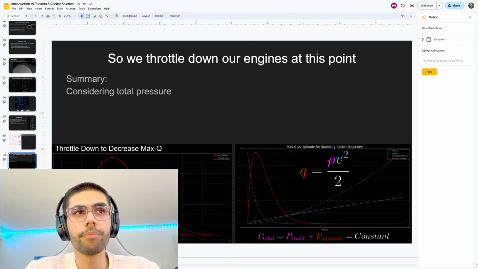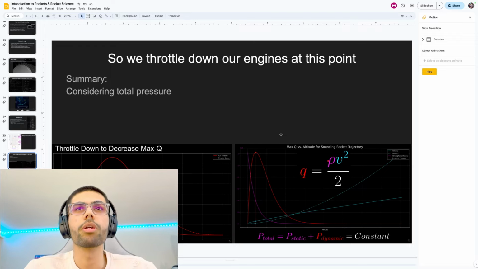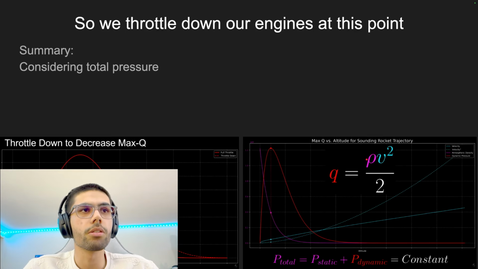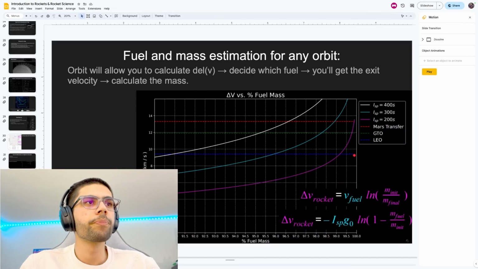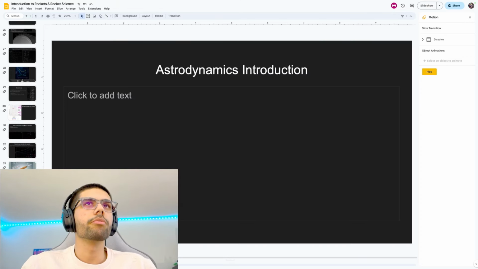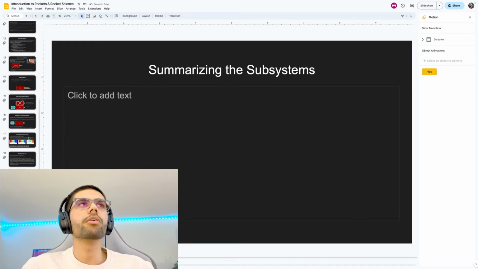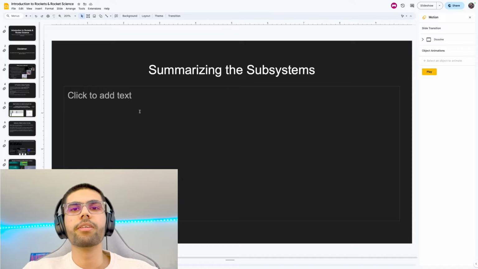You have to bring down the throttle of your rocket when the pressure is just too much. It's called the max Q. We're going to study this condition, and we have a lot of topics like astrodynamics, avionics, and other subsystems. We're going to cover these in the next sessions.